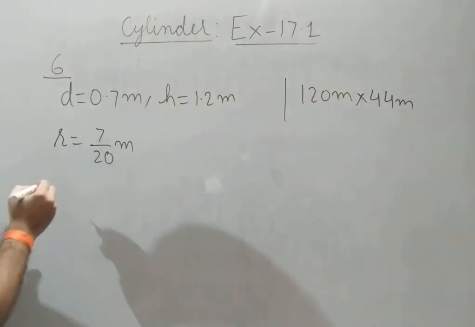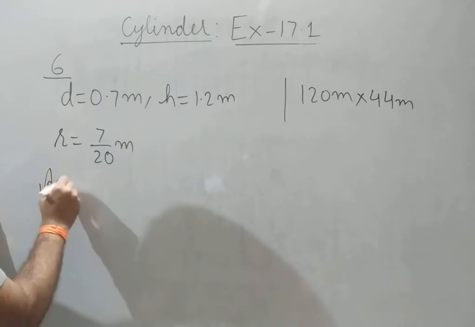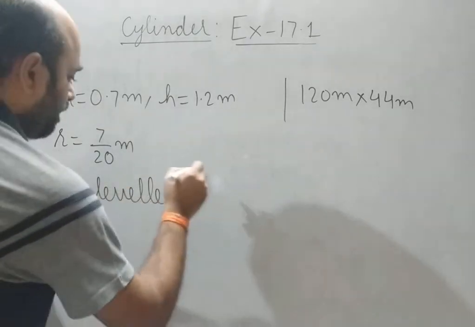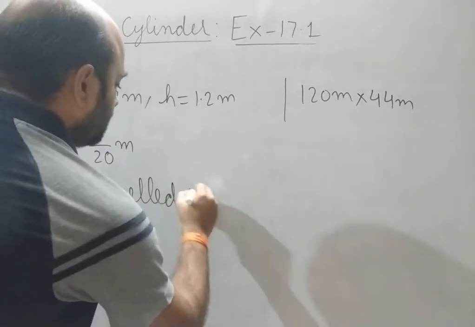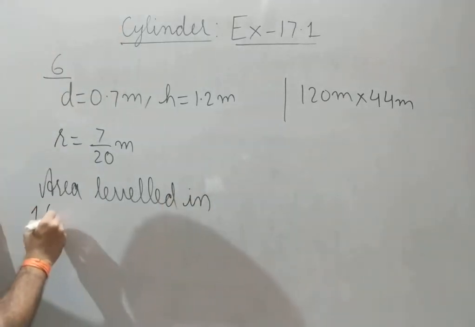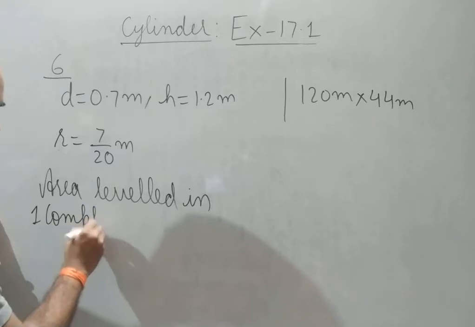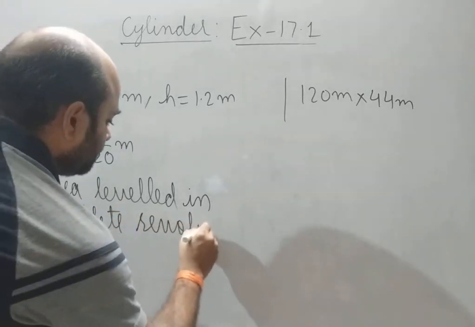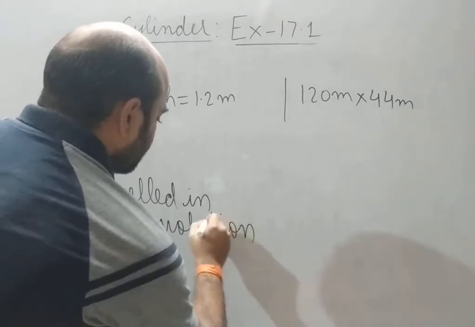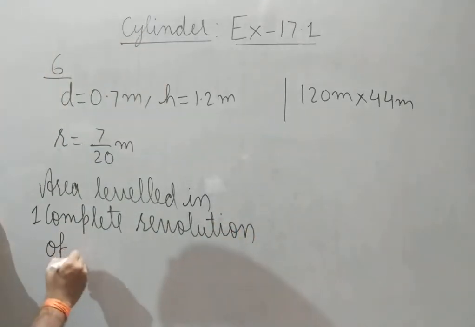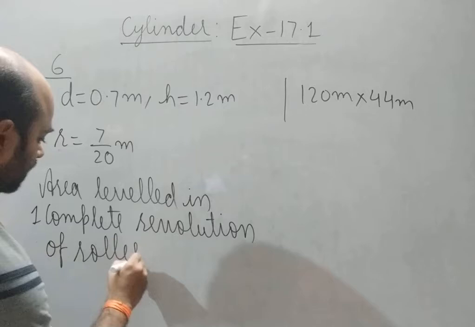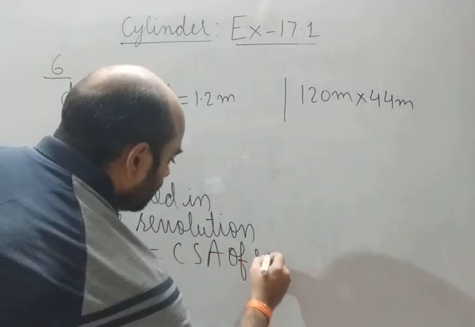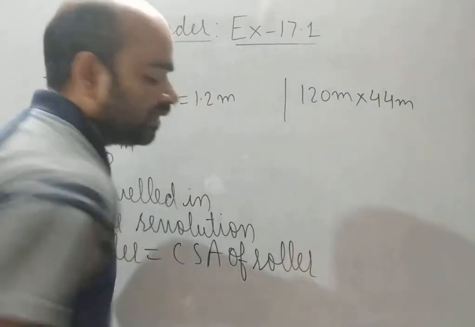So the concept is, area leveled in one complete revolution of roller will be equal to curved surface area of roller or cylinder.